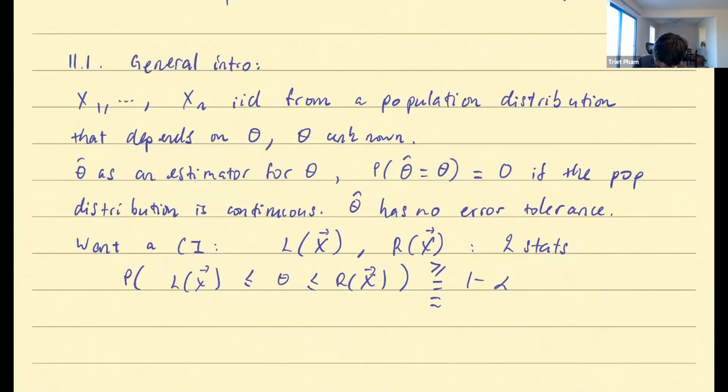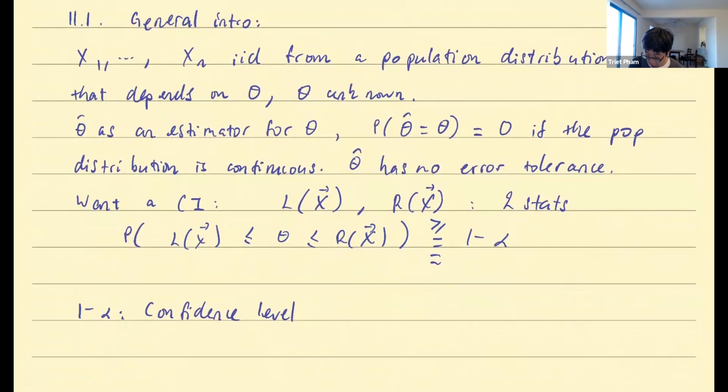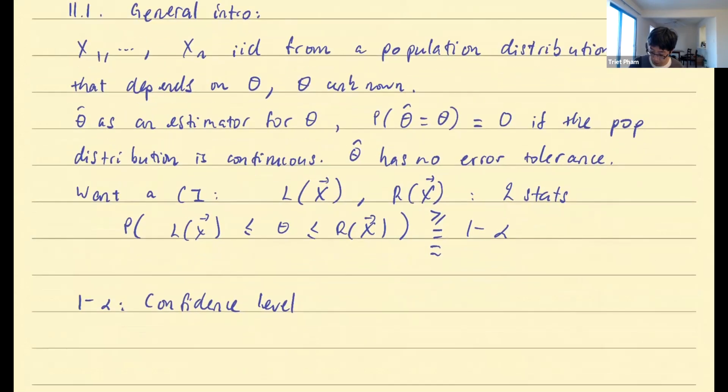So 1 minus alpha here is the confidence level of the confidence interval. Sometimes people refer to it as alpha, okay? But I think 1 minus alpha is more appropriate because you say 95%, 99%, or 90% confidence interval, right? So typical alpha will be 0.1, 0.05, 0.01, right? Typical values, but all right.